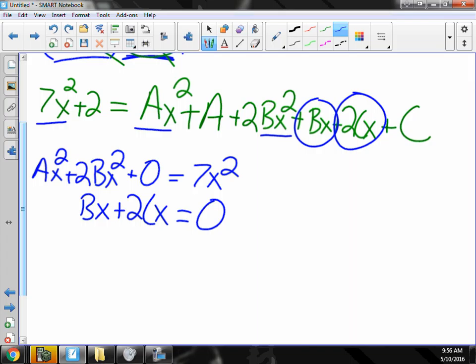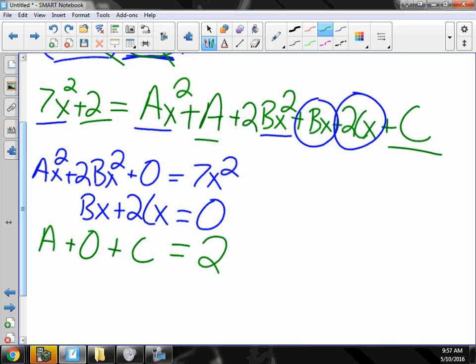And then for my constants, I have a 2, an A, and a C. I don't have any B's. So A, no B's, so I'm going to put a 0 there, plus C equals 2. And once you do this enough times, you might not even write all that down. And you're certainly not going to write the x squares and the x's, because they're not needed. Once I have this set up, I can go ahead and drop all the x's.